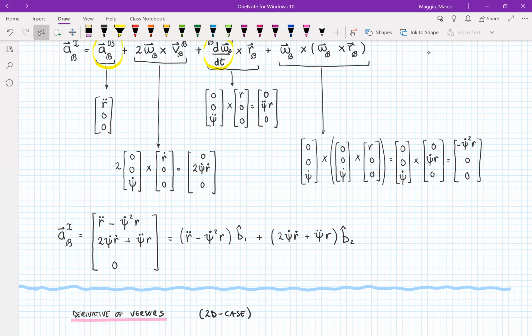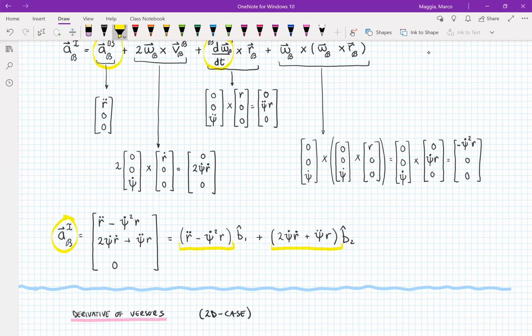All right, so in the end, we find that the inertial expression for the acceleration of P in the B coordinates has two components: one in the B1 direction given by r double dot minus psi dot squared times r, and the component in the B2 direction, which is 2 psi dot r dot plus psi double dot times r.